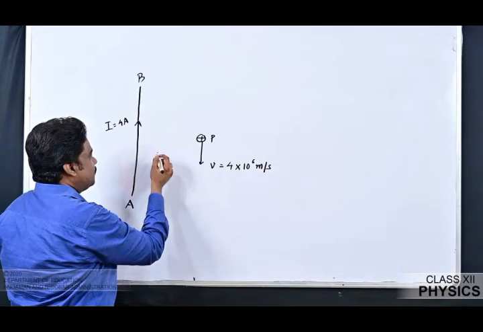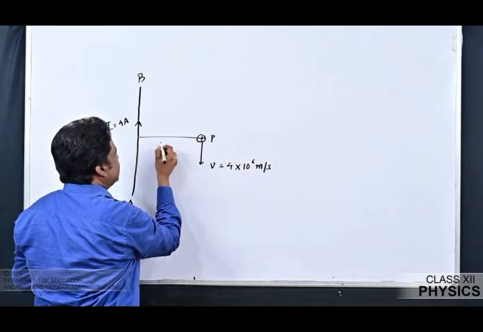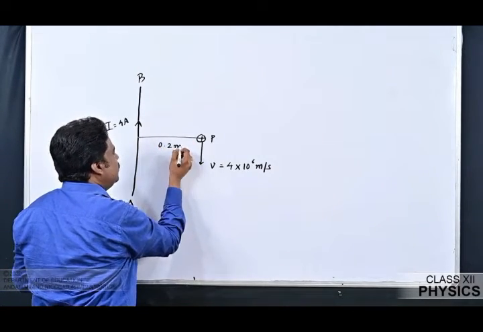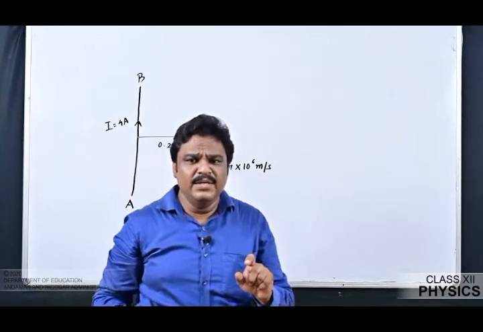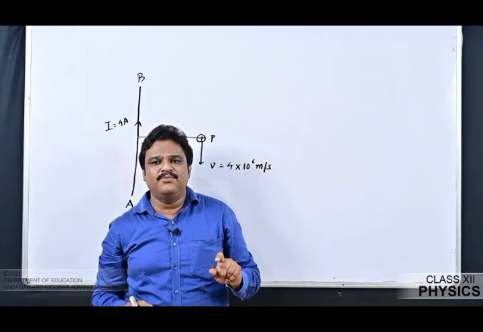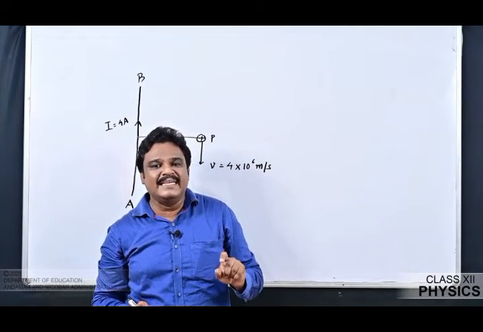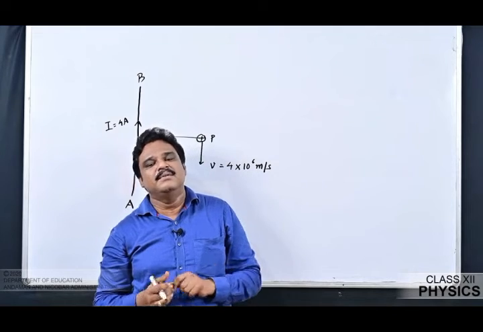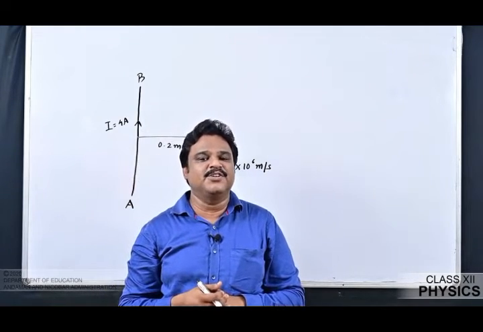The distance of separation is 0.2 meter. Now they are asking you to calculate the force which the magnetic field of the current exerts on the proton. Also specify the direction of the force.